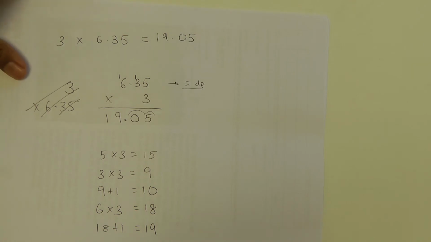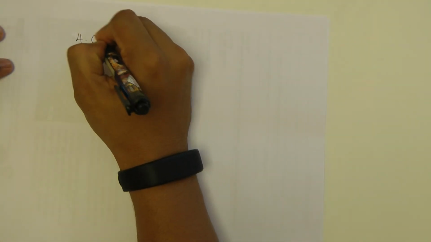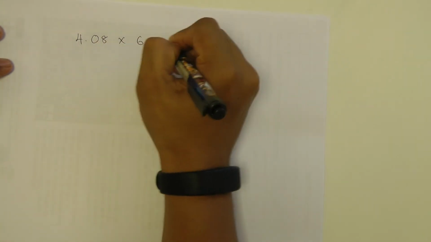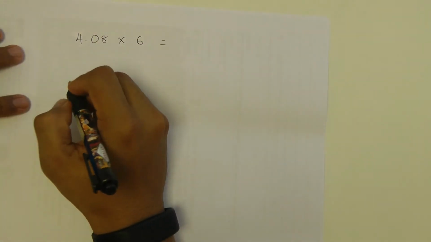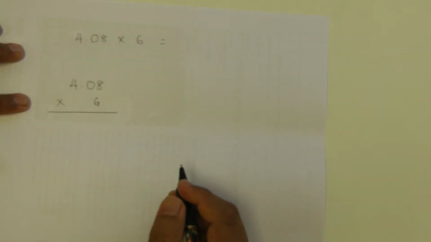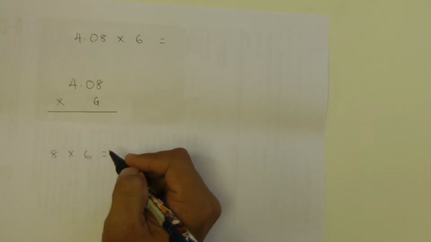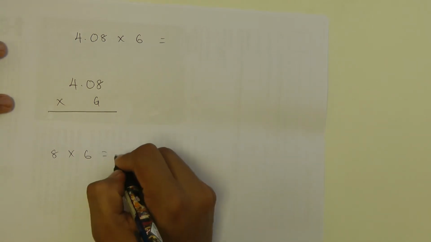Are you ready for more practice? Let's try it. 4.08 multiplied by 6. Okay, so this should be automatic for you. 8 times 6.